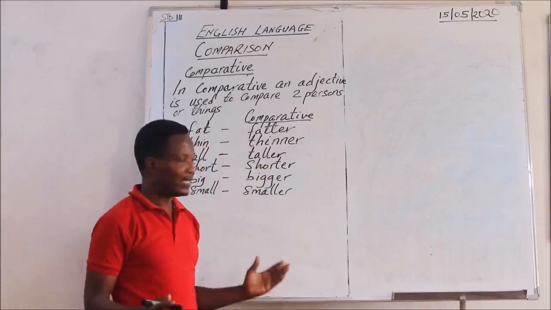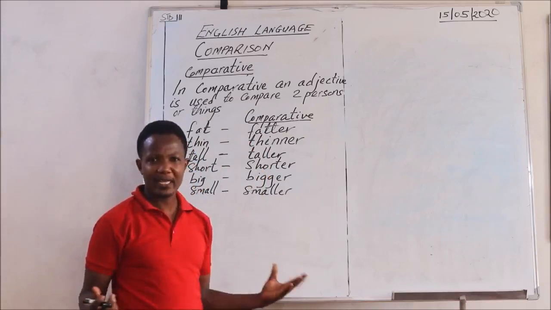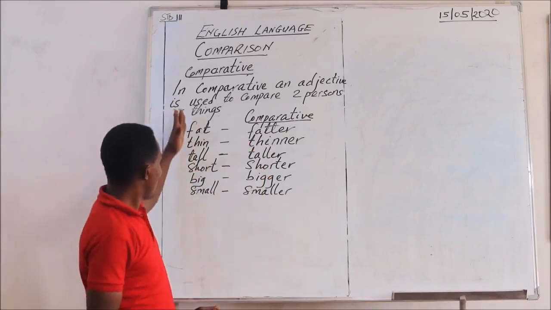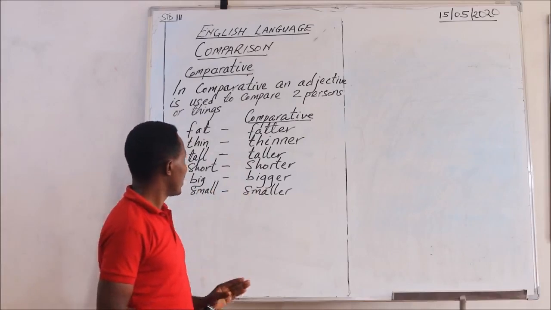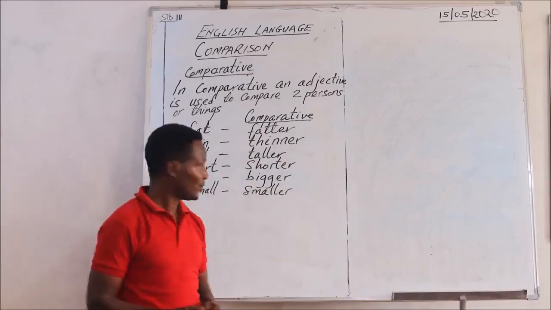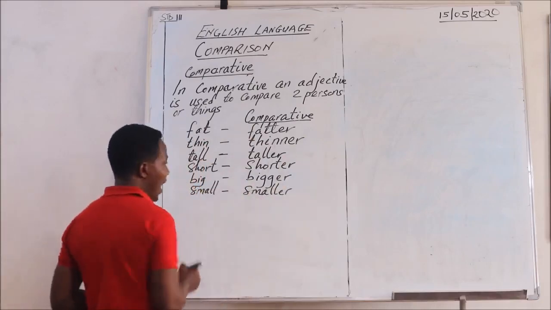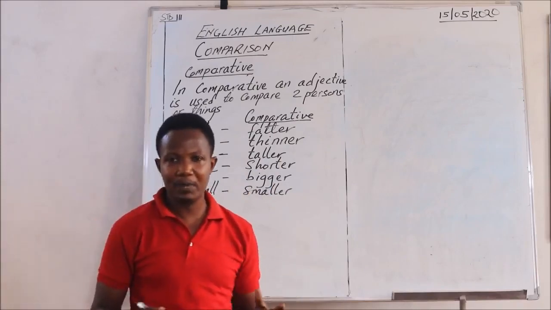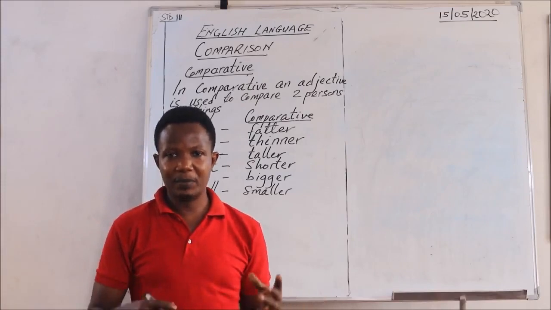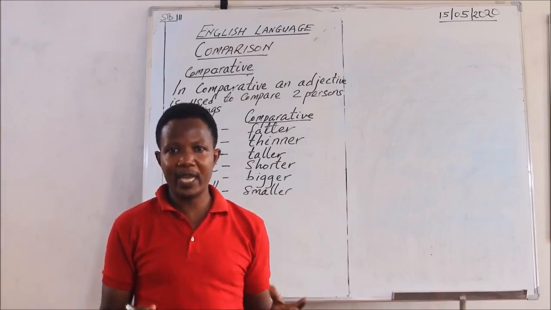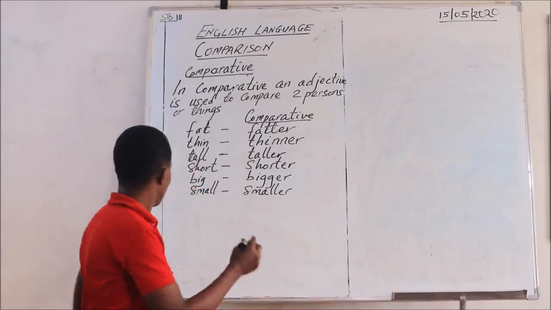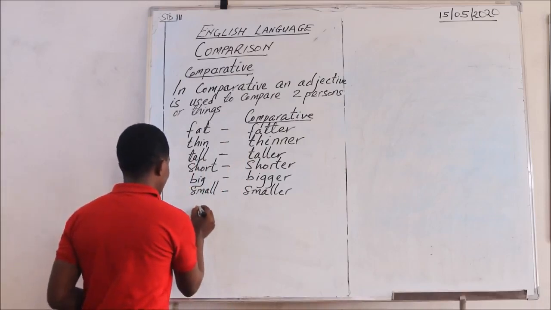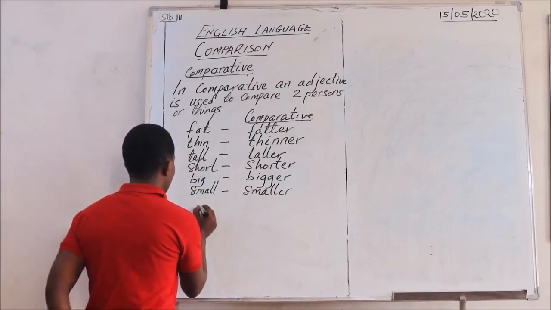Now, let us see how we can make a sentence by using these adjectives. I would like to use diagrams. Sometimes diagrams make a lesson become easier.